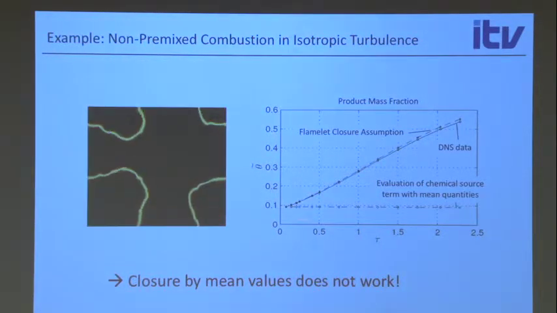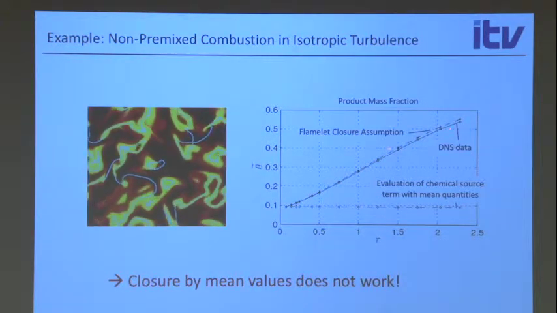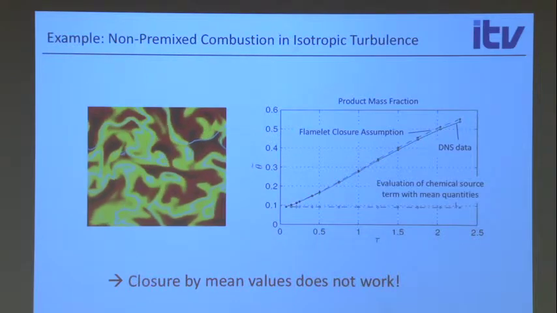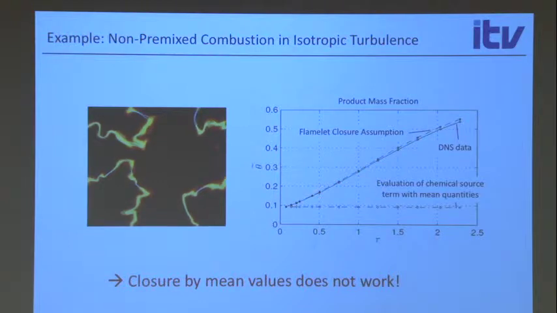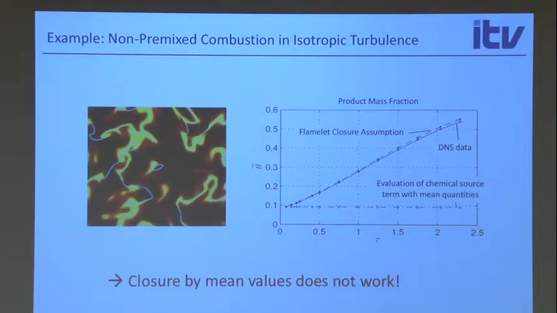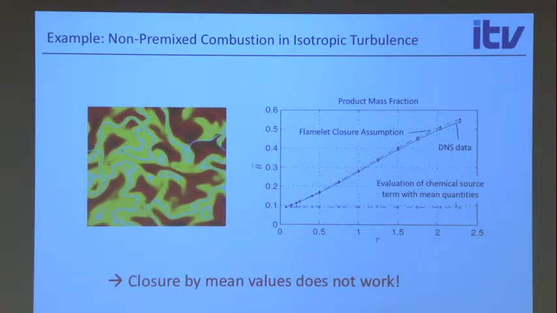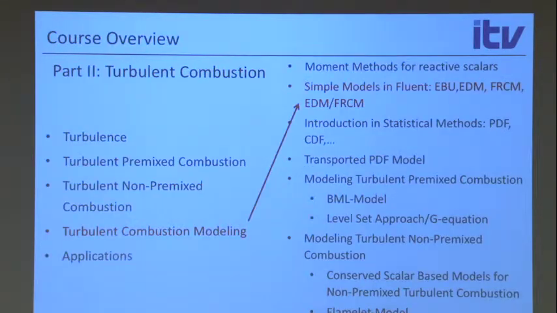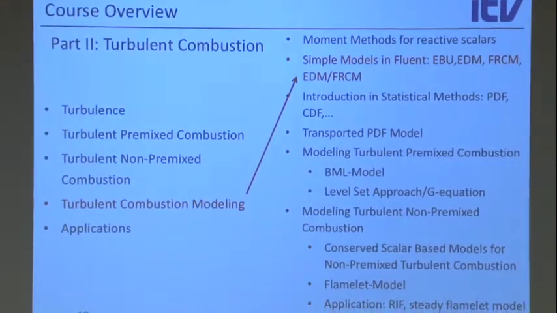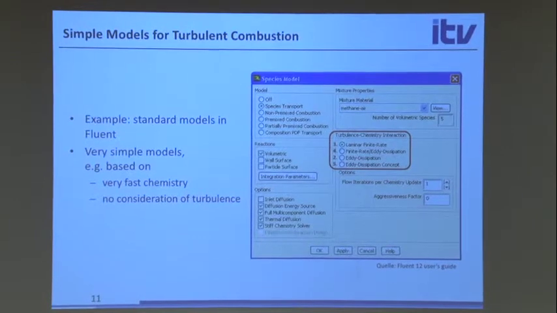The temperature never goes up, or it goes up just very, very slightly. And then if we use a simple flamelet model, then the solid line is from DNS, the dashed line is from the simple flamelet model. And you see that it's actually not perfect, but it's not so bad. So closure using just mean values does not work. Okay, so we need to worry about how to close the chemical source term.